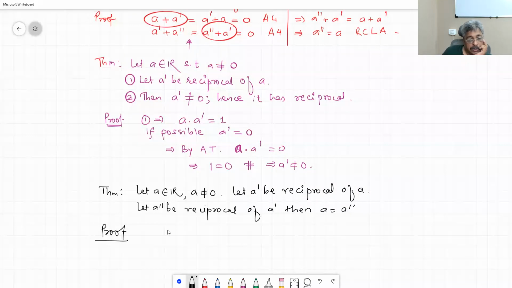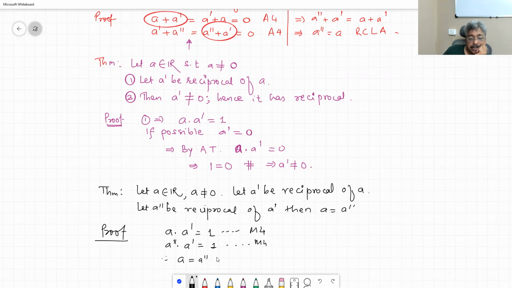A into A dash is equal to 1 by M4. A double dash into A dash is equal to 1 by M4. Therefore, A is equal to A double dash by the right cancellation law of multiplication.